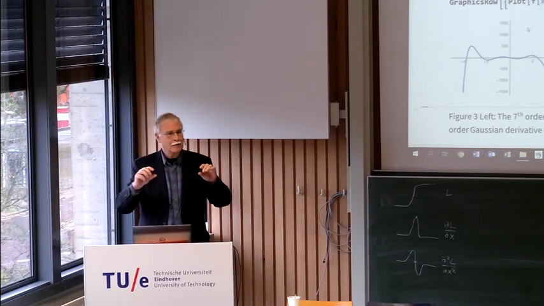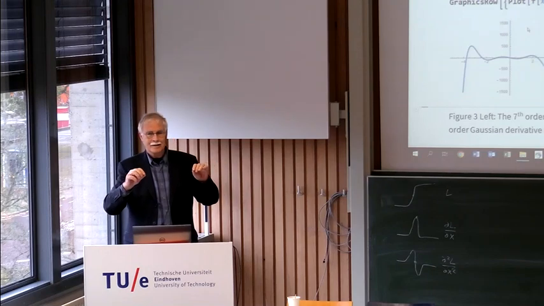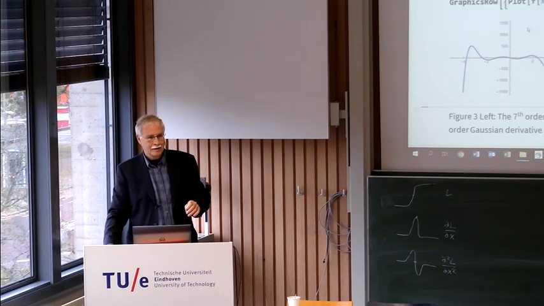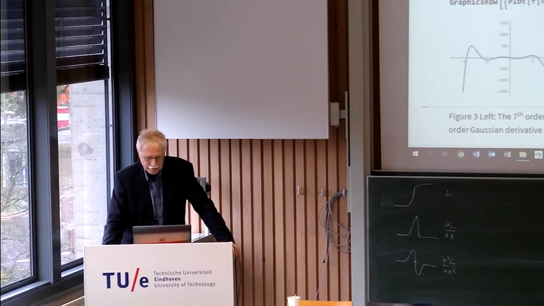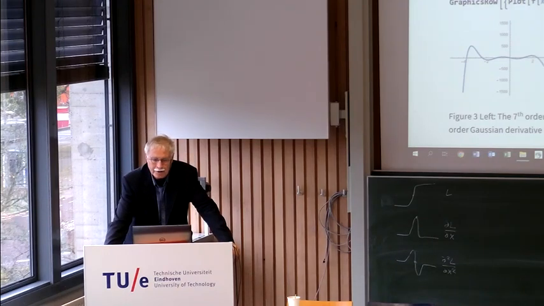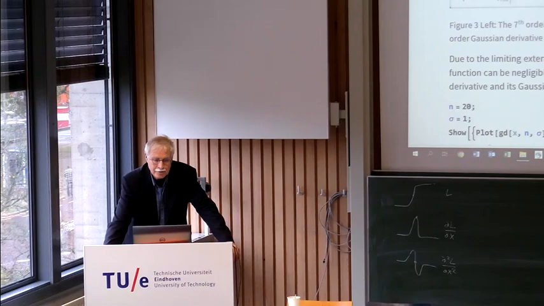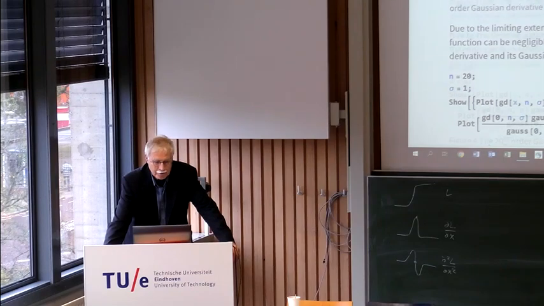Even if you take the 1000th order derivative, which goes with x to the power 1000, the Gaussian suppresses it. That's nice. So if you now take this function f multiplied by this e to the minus x squared, you see that it is now well behaved. The Gaussian is incredibly suppressing the size of this polynomial.